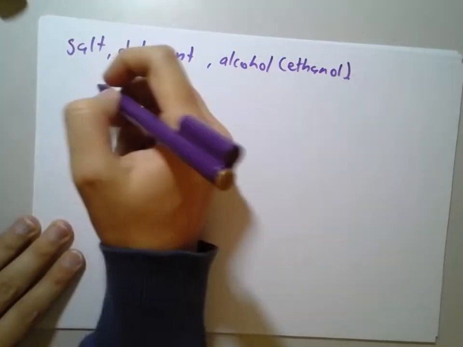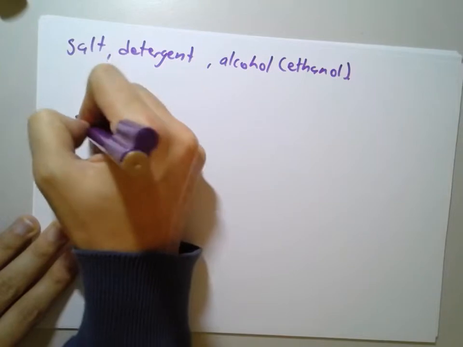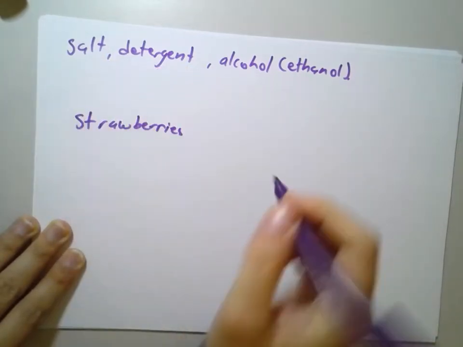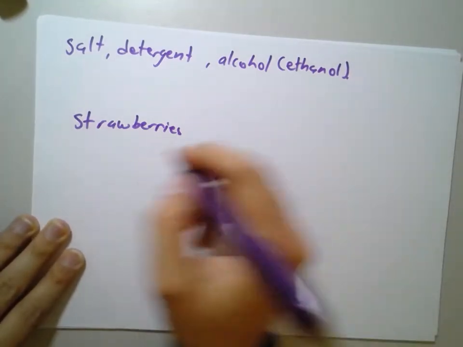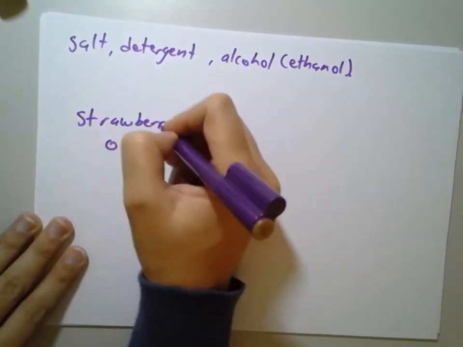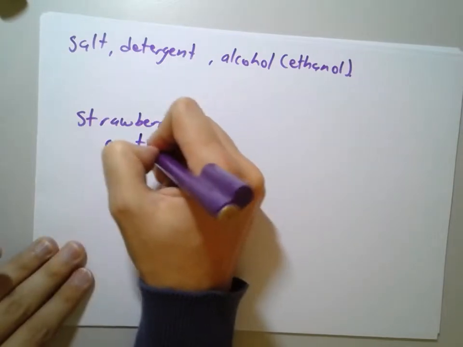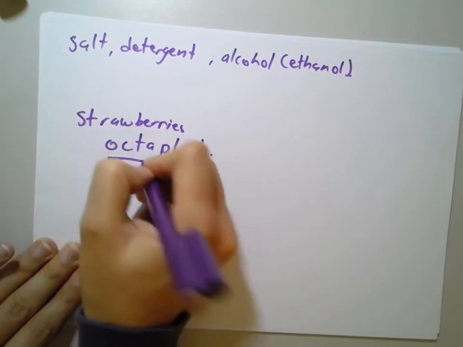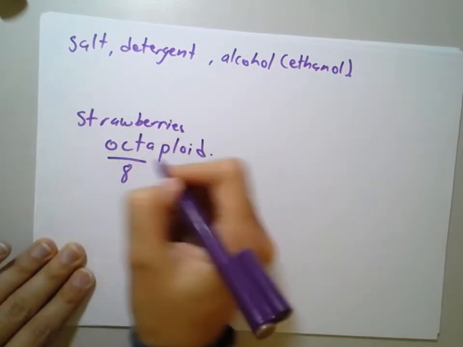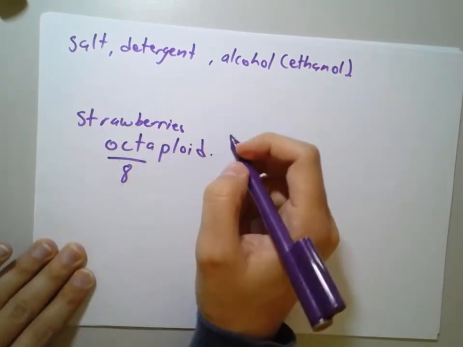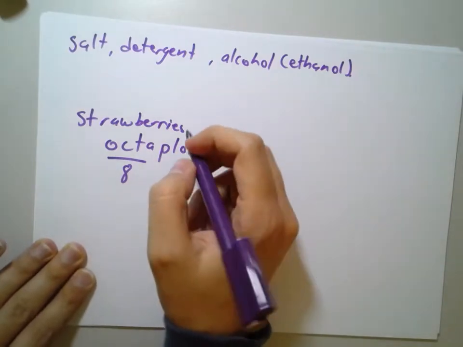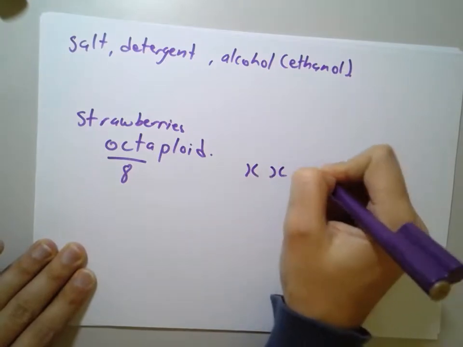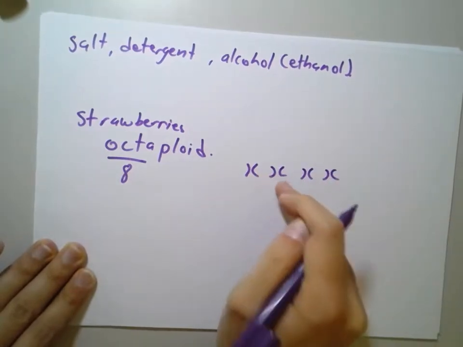Well, first of all, strawberries. Strawberries are what you call octoploid. In their chromosomes they are octoploid. Oct means 8, and ploidy in genetics means sets of chromosomes. So they have 8 sets of chromosomes: 1, 2, 3, 4, 5, 6, 7, 8.